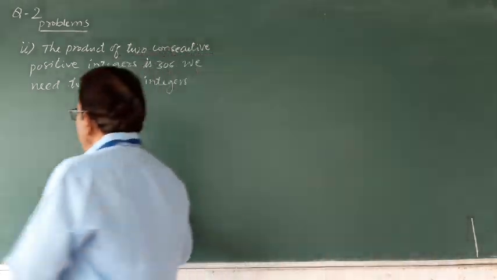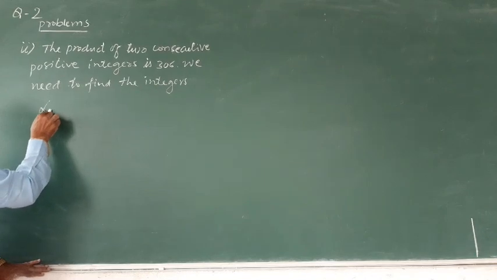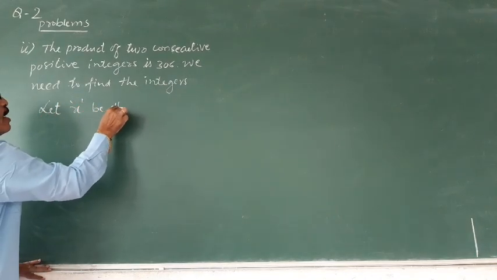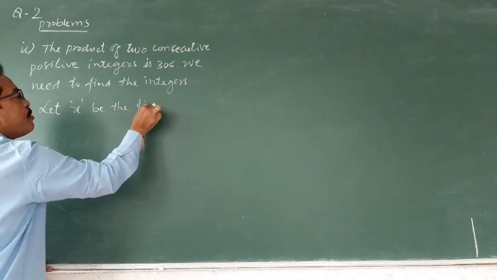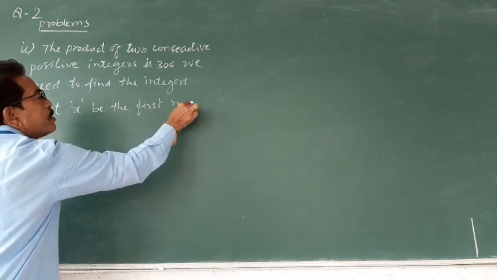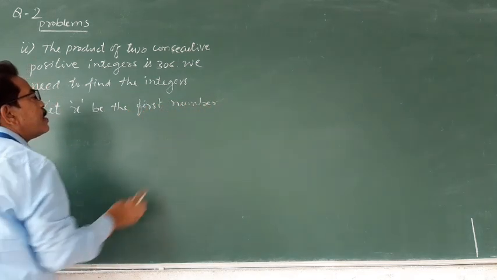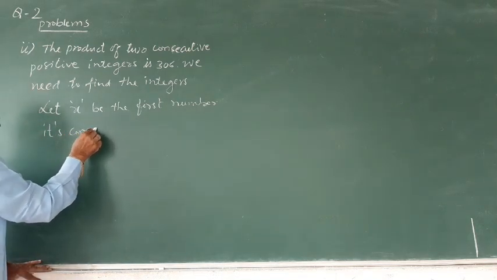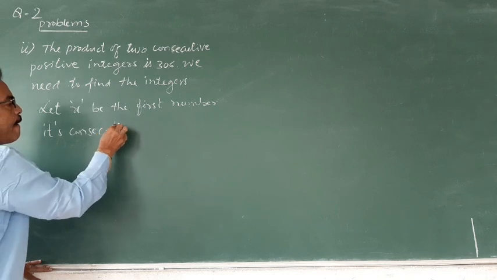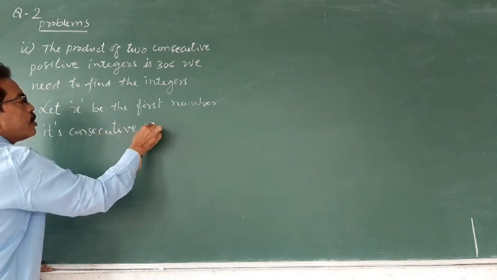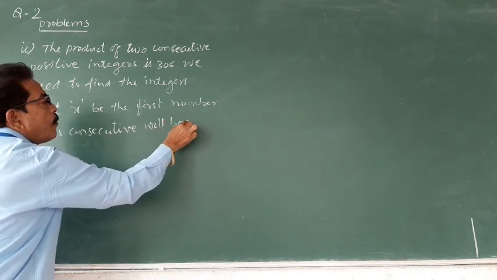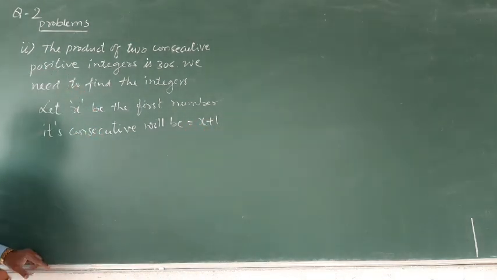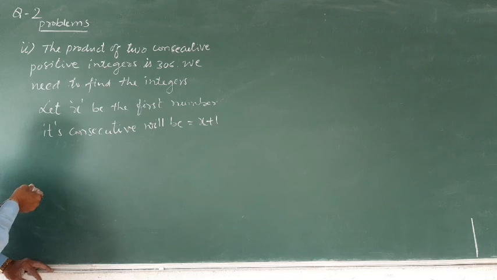So let x be the first number. Its consecutive will be x plus 1.